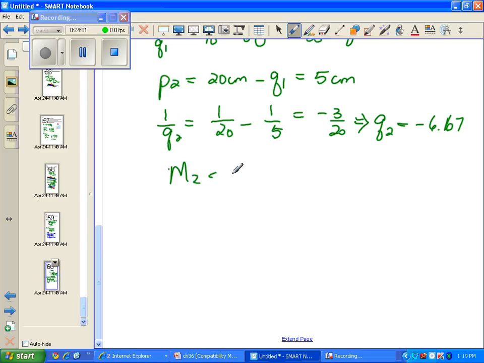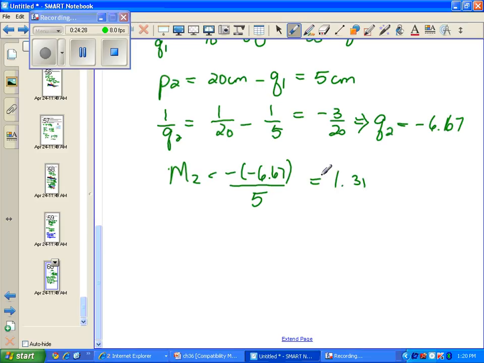M2 is equal to minus Q2, or minus minus 6.67, divided by P2, which is 5 centimeters, and that gives us an M2, which is 1.33.